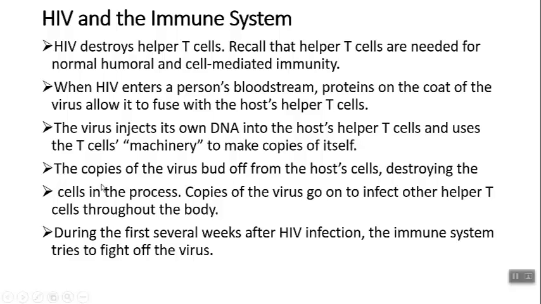The copies of the virus then burst out from the host, destroying the cell in the process. The copies of the virus then move to other T cells and continue to infect other T helper cells.